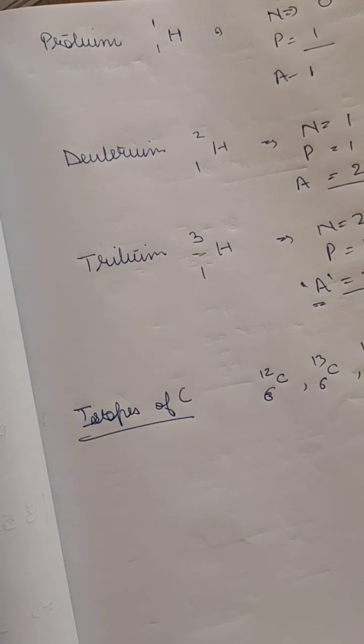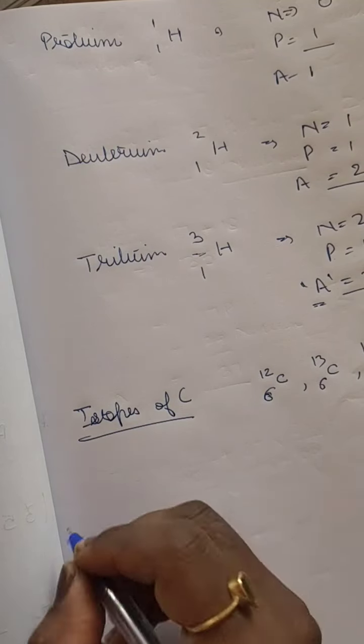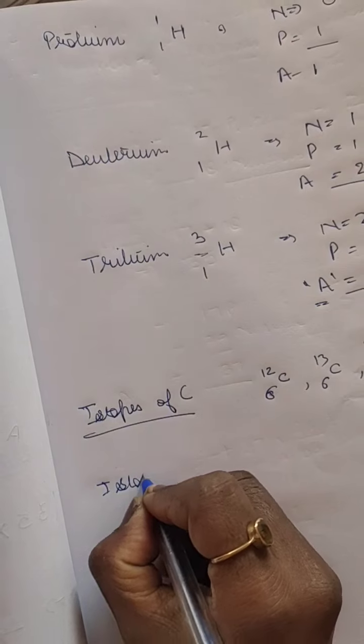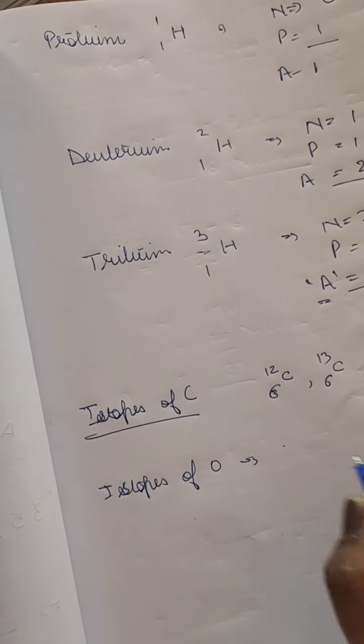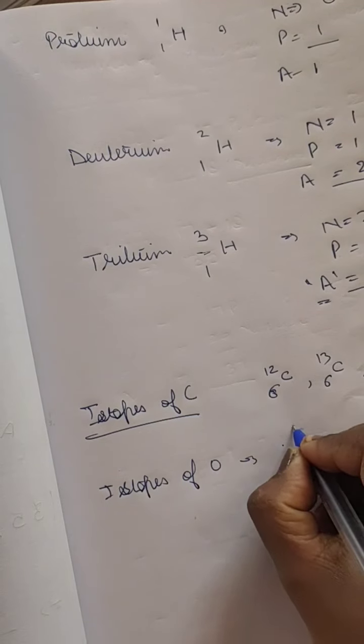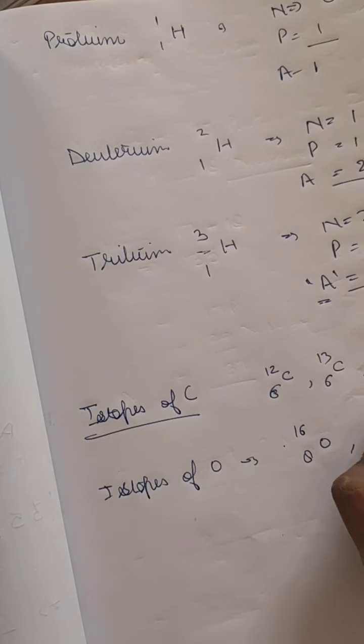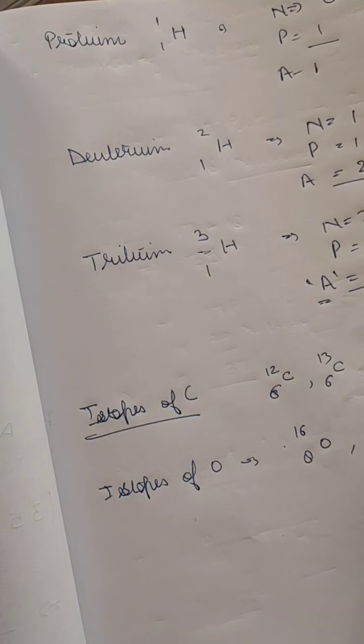Carbon 14 is also used to determine the age of fossils. Then isotopes of oxygen: there are 3 isotopes of oxygen, which are oxygen 16, oxygen 17 and oxygen 18. Then neon also has isotopes.